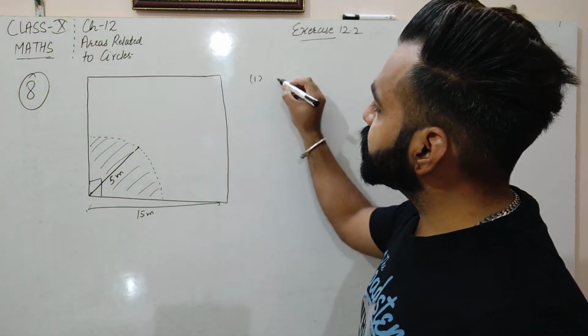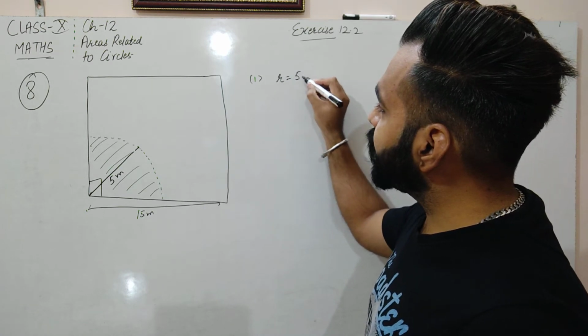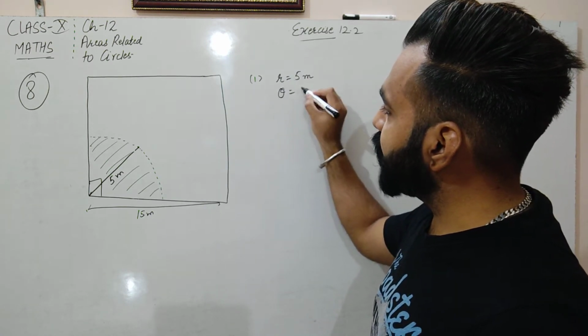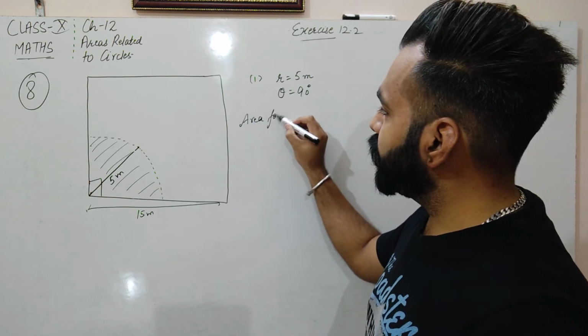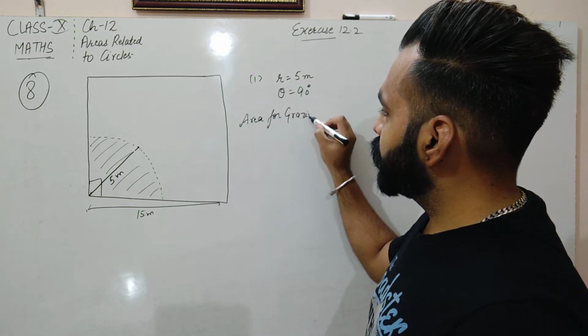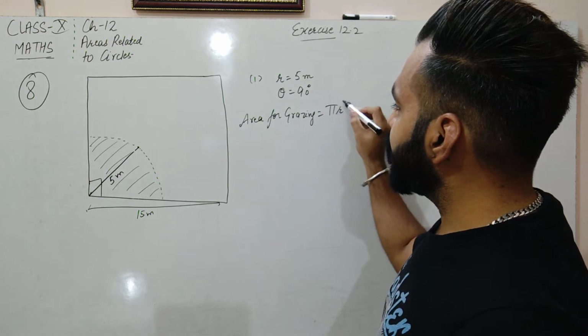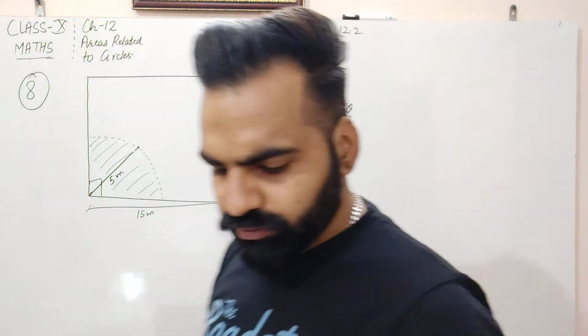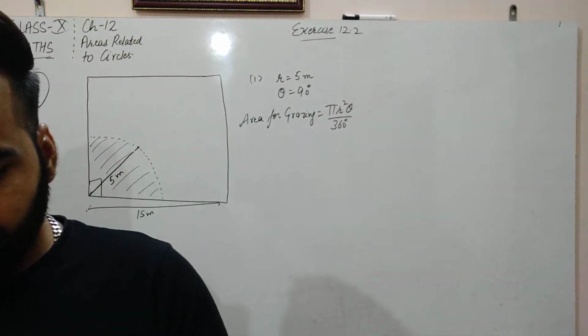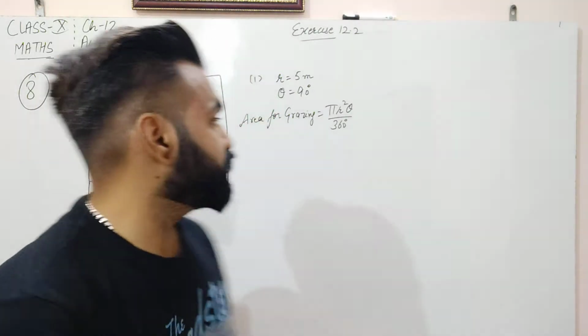So the first part: radius is 5 meter, theta is 90, so area for grazing will be equal to pi r square theta divided by 360. The value of pi is given here as 3.14. So we will put the values here.